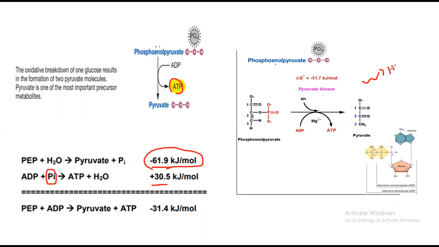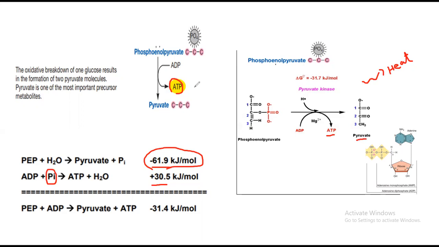This is because phosphoenol pyruvate has a very high phosphate transfer potential with respect to ATP. So it will readily give its phosphate to ADP to form ATP, and after that it will be converted into pyruvate.